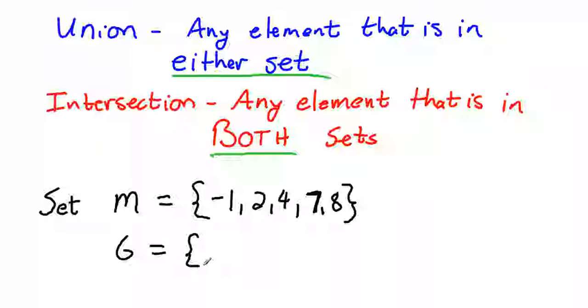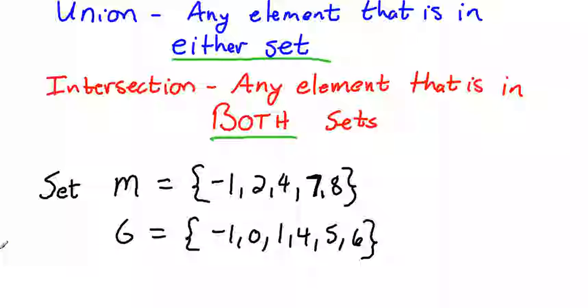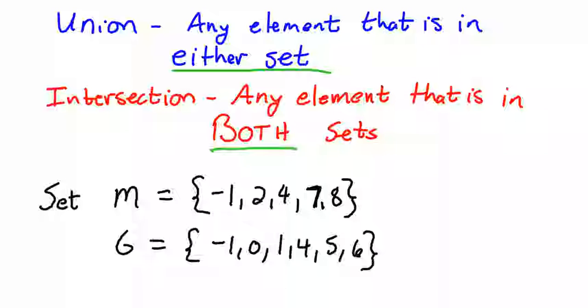And then set G. They're going to say, all right, here are your two sets of numbers, and they're going to ask you to find the union and find the intersection.